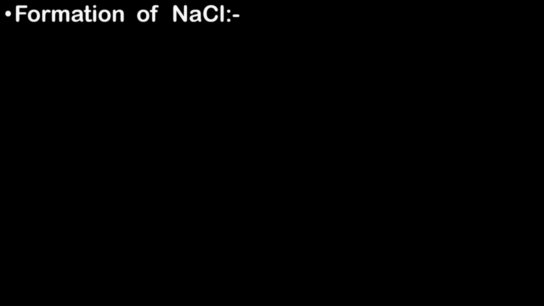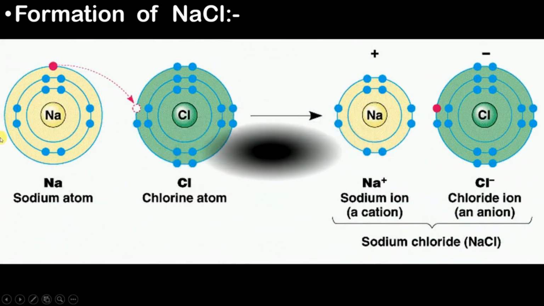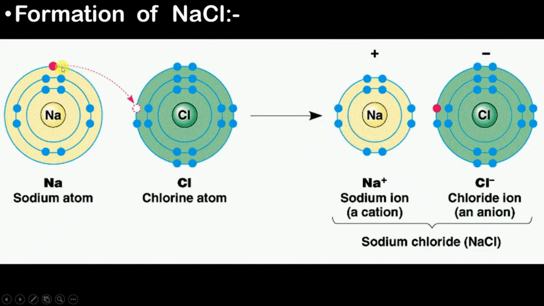Okay, so we know that in a sodium atom there is one electron present in the outermost energy level. So as you can see over here, in the outermost energy level there is one electron present, whereas in the chlorine atom there are 7 electrons present in the outermost energy level. And according to the octet rule, there must be 8 electrons present in the outermost energy level to become stable.